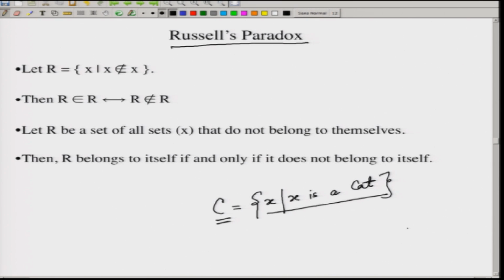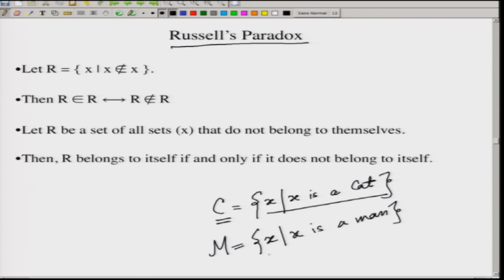Now, how is the membership decided? I take a cat. For example, I take another set M. M is a set of all x such that x is a man. Now, I plug in a constant here at both places x.